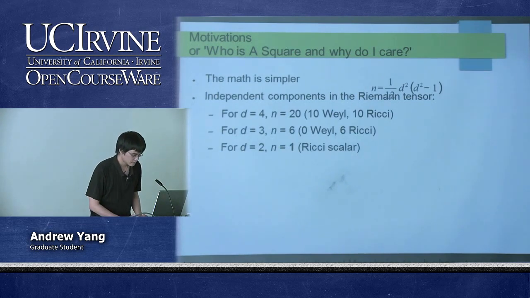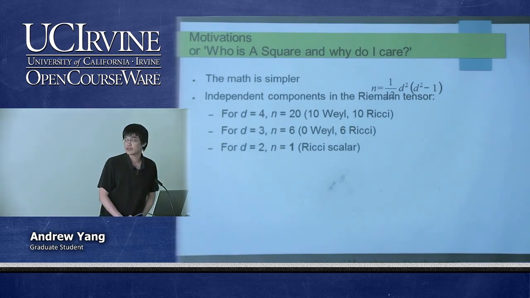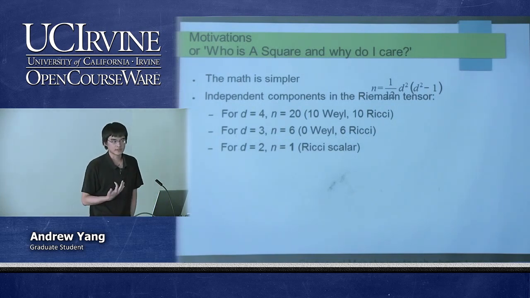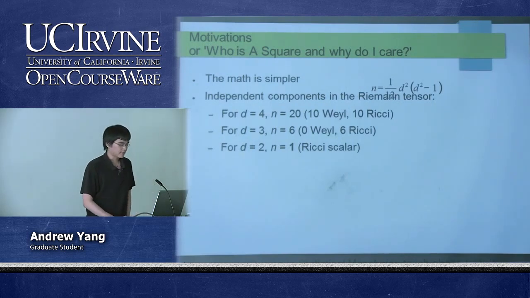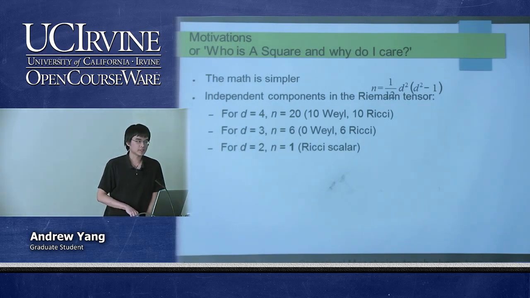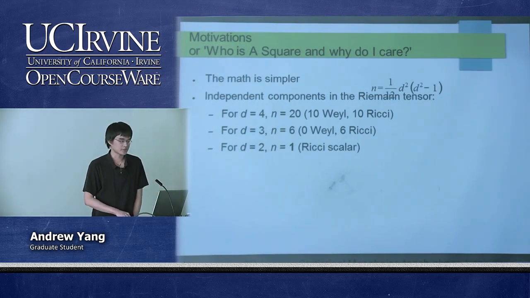In n dimensions, as we remember from class, the number of independent components is given by N = (1/12) d squared times (d squared minus 1). And they can be divided into the Weyl tensor and the Ricci tensor. So the great thing about lower dimensionality is that we can have fewer components. And in fact, when we're dealing with 2 dimensions, the only independent component that determines the curvature is the Ricci scalar.